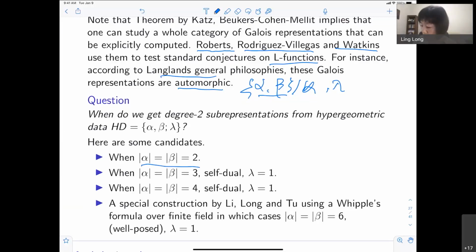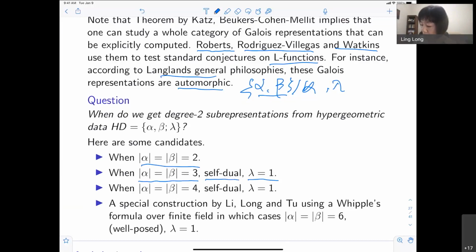When you get to alpha of length 3, you can still get some nice two-dimensional Galois representations, especially when it's self-dual and you look at the special fiber lambda equals 1. You will get very nice representations out of this setting.